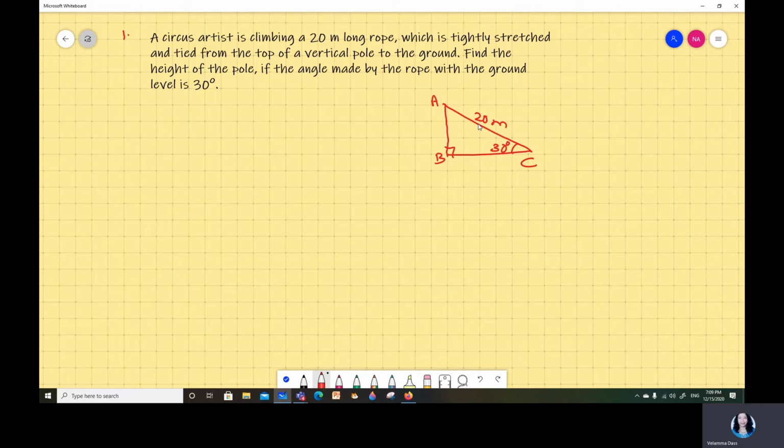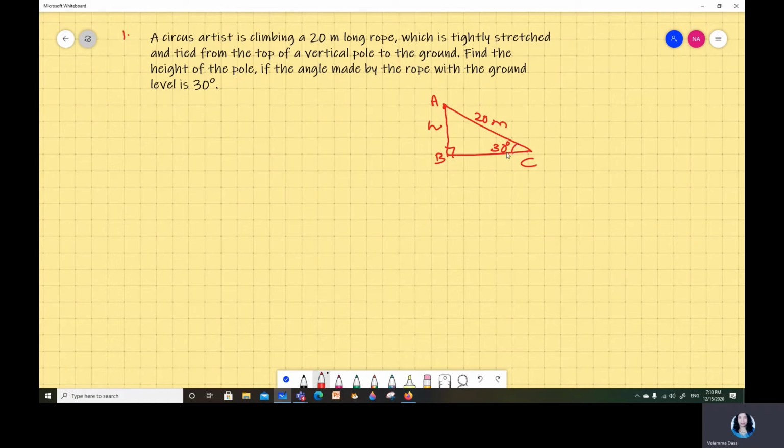So AC is a rope of 20 meters which is tightly stretched and tied from the top of the vertical pole to the ground. So here A is the top of the vertical pole and C is the point on the ground. You have to find the height of the pole. Height is usually vertical, so you have to find the height of the pole. Let's just denote it by H. You have to find it if the angle made by the rope with the ground level.